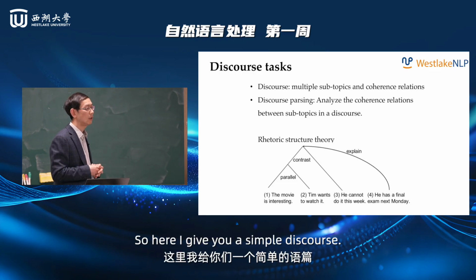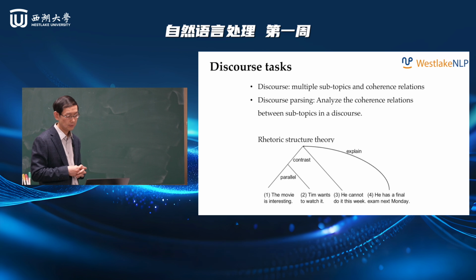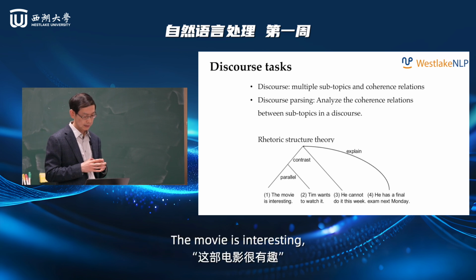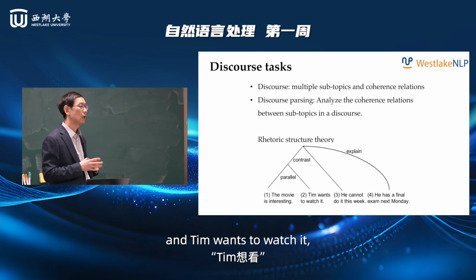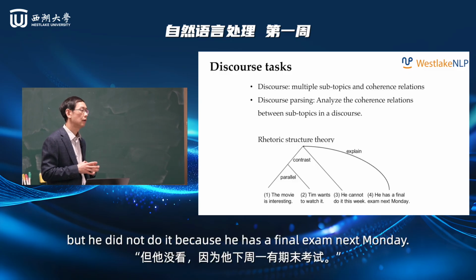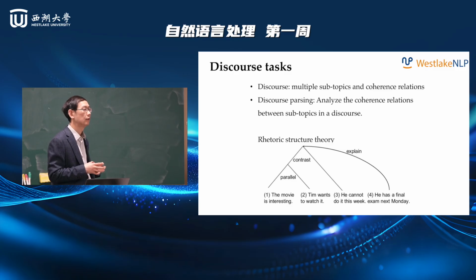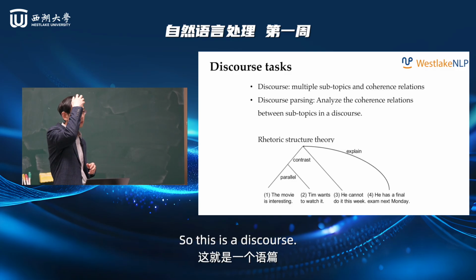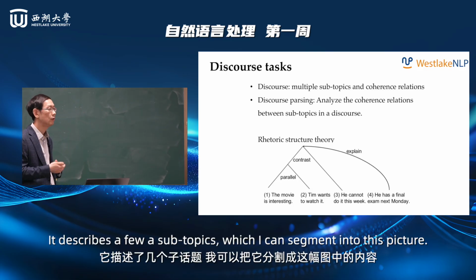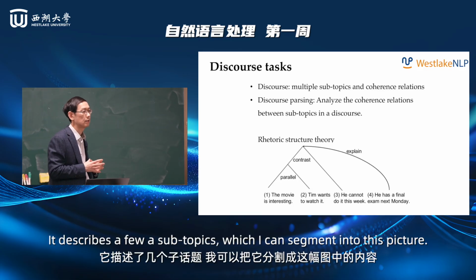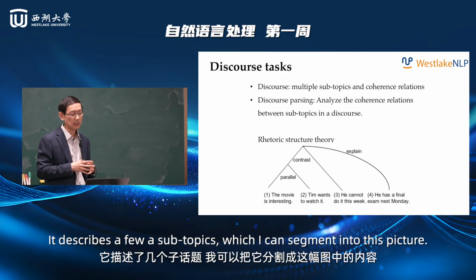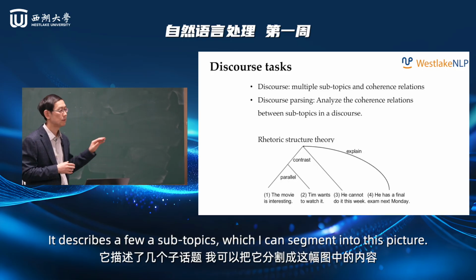So here I give you a simple discourse. The movie is interesting and Tim wants to watch it. But he did not do it because he has a final exam next Monday. Okay? So this is a discourse. It describes a few subtopics, right?